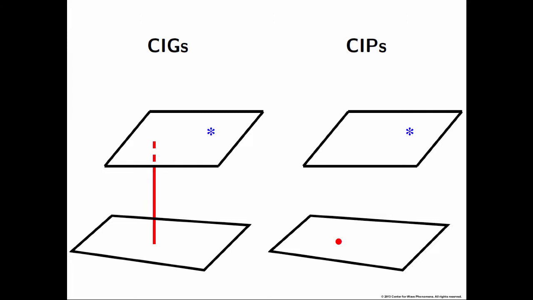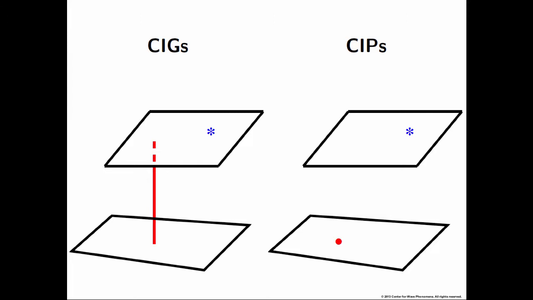There is a blue star representing the source, and the bottom panel corresponds to the reflector plane. You see that for CIG, we construct the gathers for all depth levels, so the gathers we obtain are a function of depth. But for CIP, we only construct the gathers locally, at a point on the reflector. So the gather you obtain is actually a function of the space lag and the time lag.